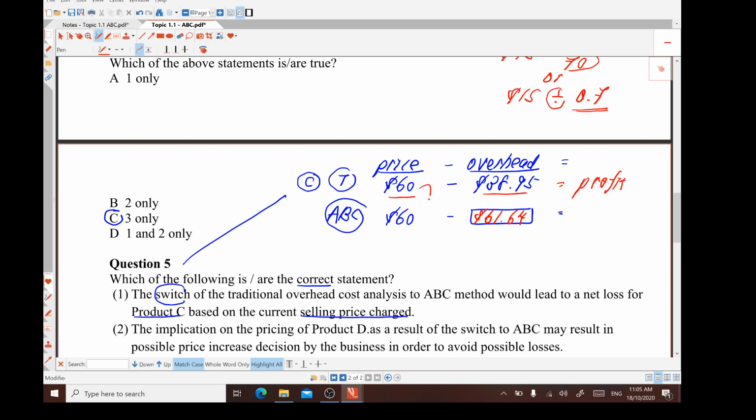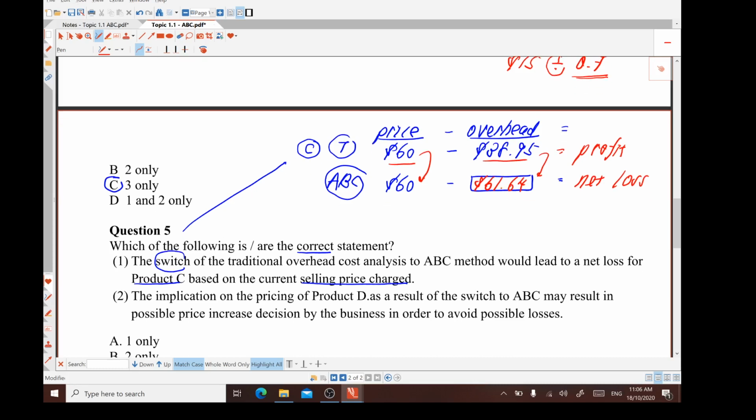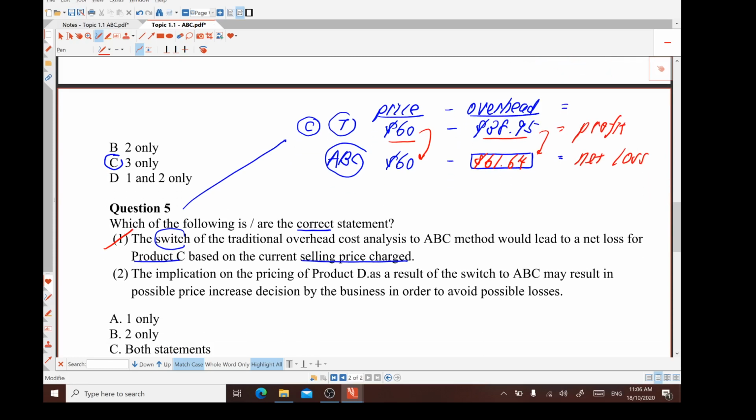Okay, but if you switch to ABC, you can see that's an increase in the cost. And this will become a net loss. Can you see that? Where the price is lower than the overhead cost. So that's the case. We believe that this is correct. Okay, so the switch of the traditional method to ABC will lead to a net loss of the product C.